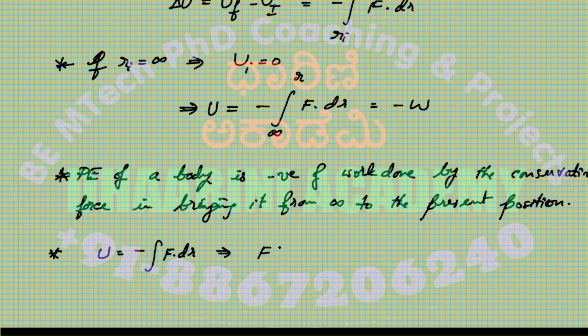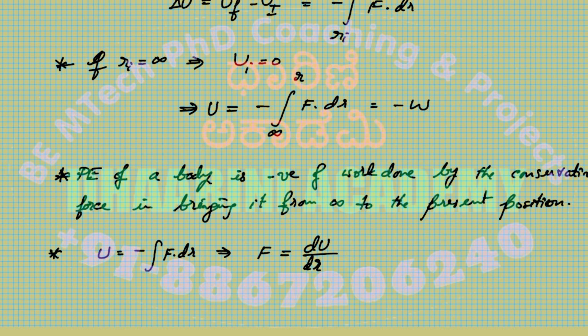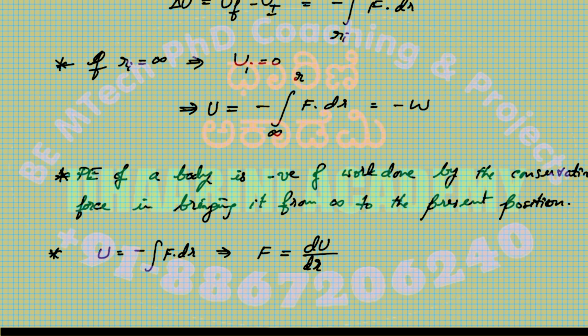So this implies the force can be found directly by doing dU by dr, or even dU by dx, because anyway the variables are fine, we can interchange the variables as we want. Okay, so basically we can do this. So this is the fundamental definition of the potential energy.